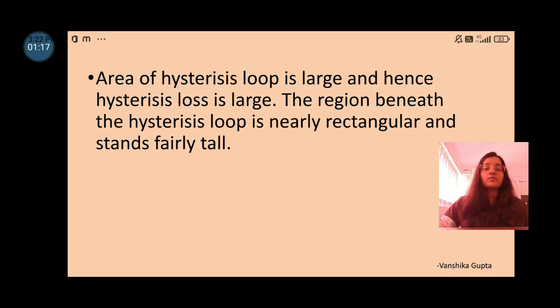When a ferromagnetic material is made to pass through a cycle of magnetization, there is energy that is spent, which comes out as heat. That's hysteresis loss. So when the hysteresis loop is large, the hysteresis loss is also large, and the region beneath the hysteresis loop is nearly rectangular and stands fairly tall. So that's hard magnetic material and its properties. Thank you.